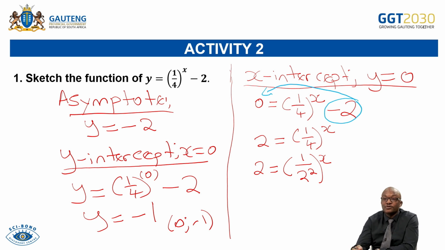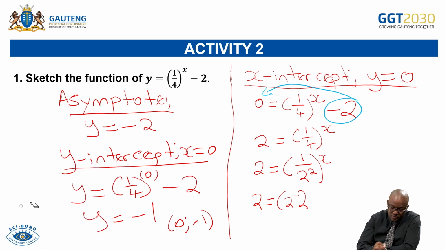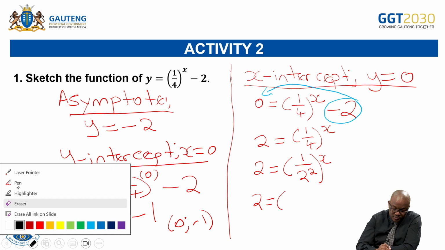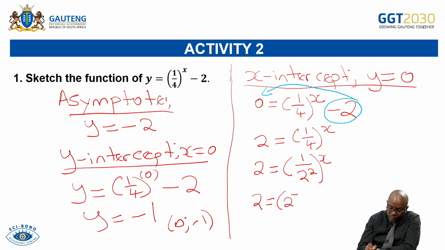In this case, we want to make our bases the same. So we are going to have 2 is equal to 2 to the exponent of -2x.